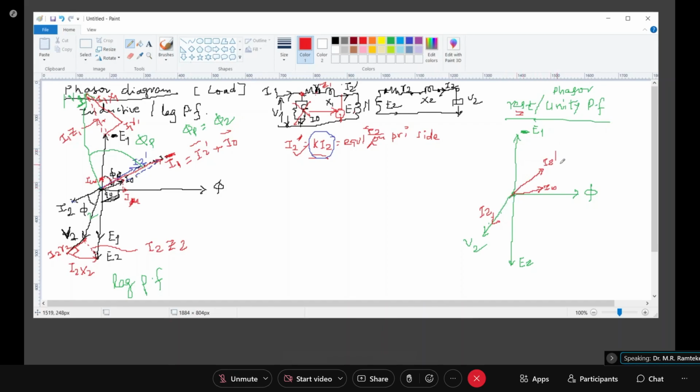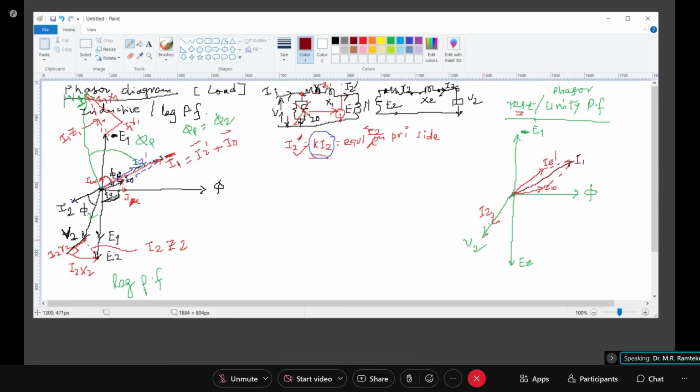So I2 and I2 dash are 180 degrees apart. And after adding these two currents, I will be getting I1. I2 dash is K I2. Now we'll come back to this. So we have found the currents now.